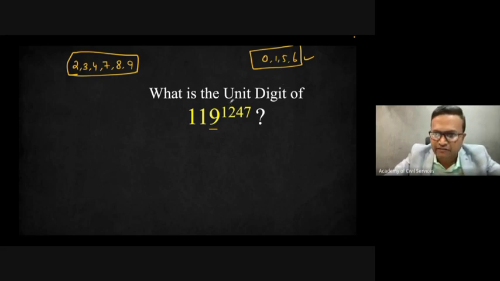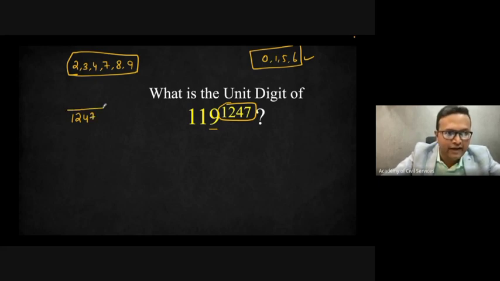What you have to do is take out the power. Power is 1247. Taking out this power, divide by 4. If the unit digit is either 2, 3, 4, 7, 8, or 9, then you have to take out the power and divide by 4.